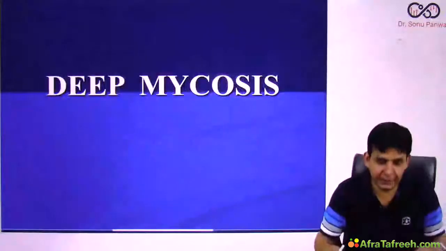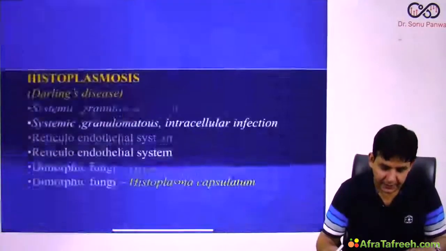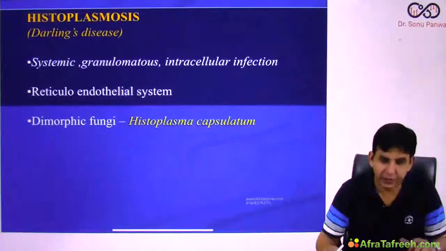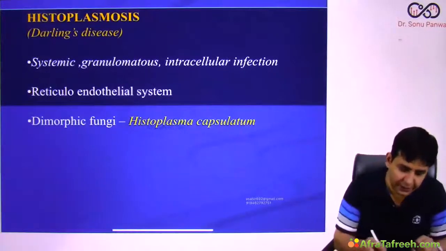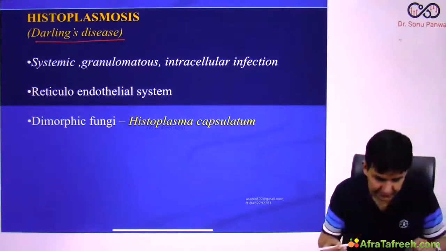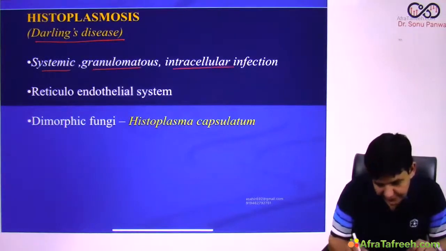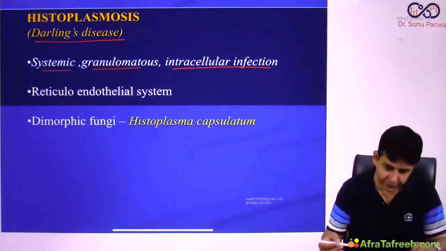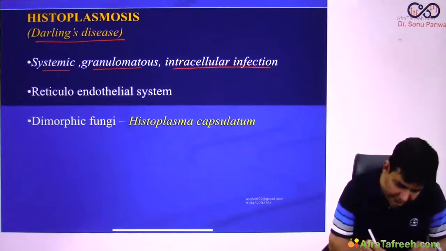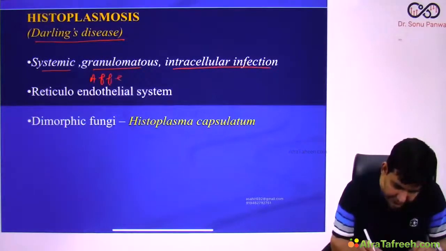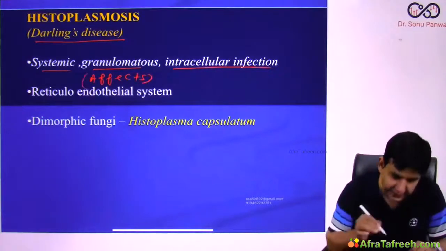Now starting with the deep mycosis, the first one is histoplasmosis, also termed Darling's disease. It is a systemic granulomatous intracellular infection, and it affects the reticuloendothelial system.